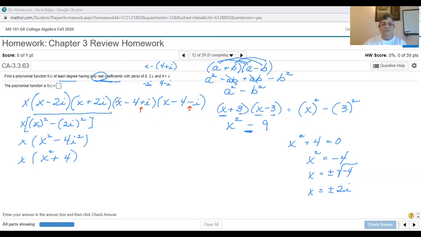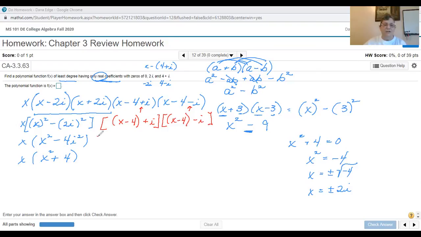So I'm going to think of this as x minus 4 plus i and x minus 4 minus i, because this now gives me conjugates. I've got x minus 4 plus and minus i.